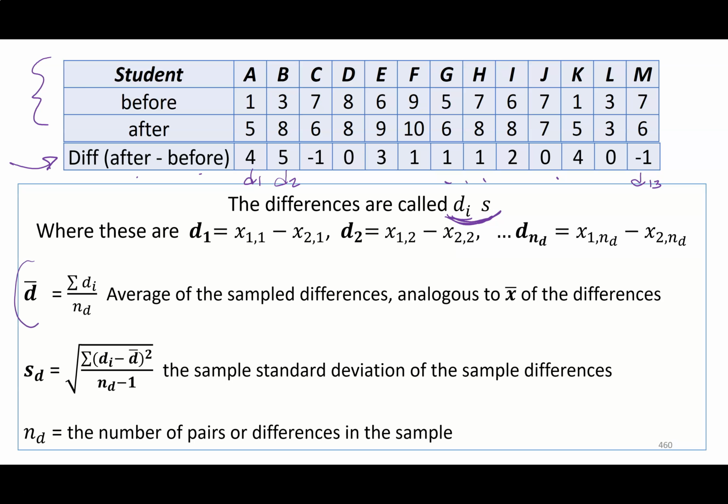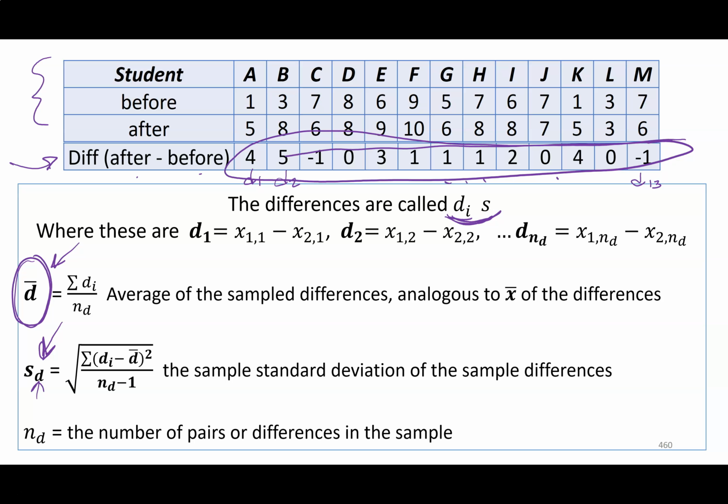And D bar, that is if I took just these differences here and I took the mean of them, the average. So if I averaged those differences, that's D bar. And then this notation, s with a lowercase d here, that's the standard deviation.